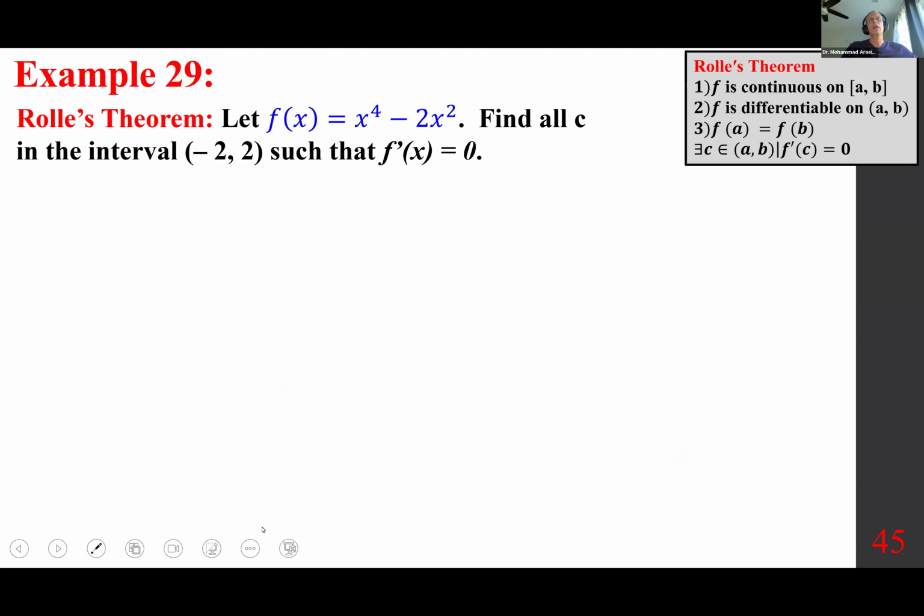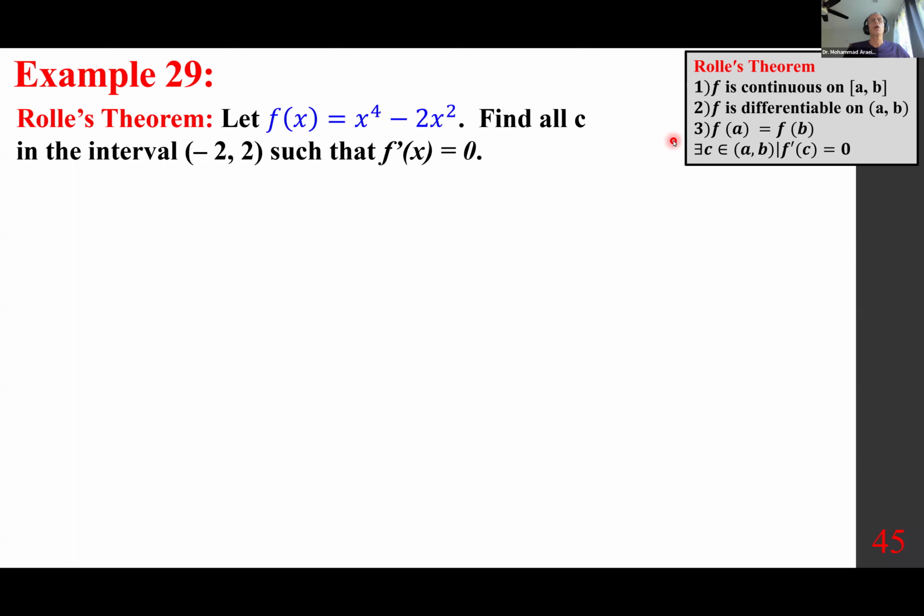So, as an example, let f of x be x to the power of 4 minus 2x squared. Find all c in the interval from -2 to 2 such that f prime of c equals 0. Reminding you of Rolle's theorem: continuity, differentiability, f of a being equal to f of b.